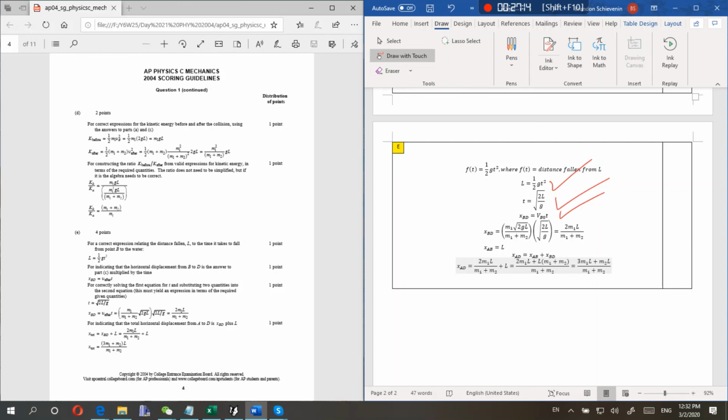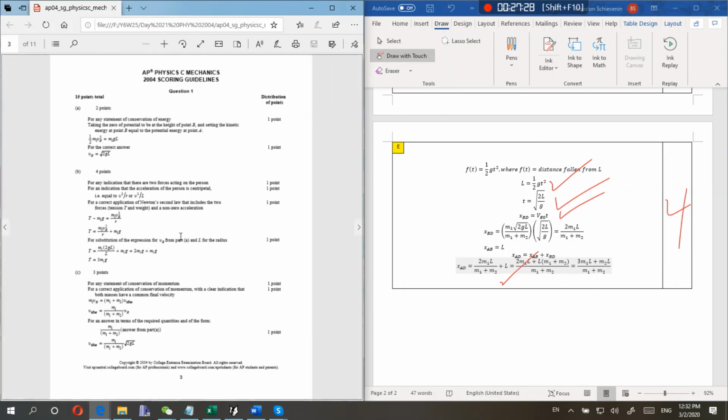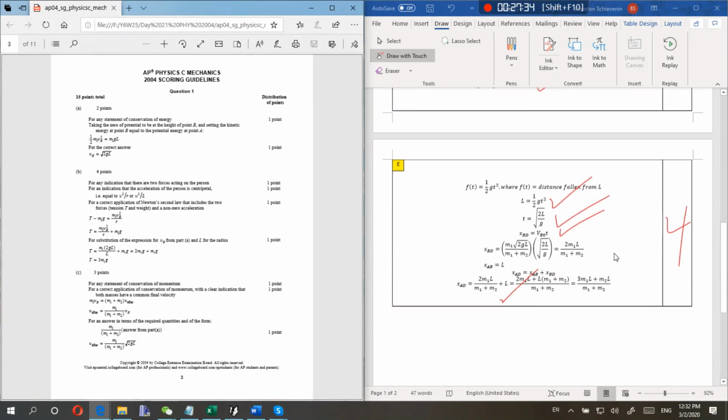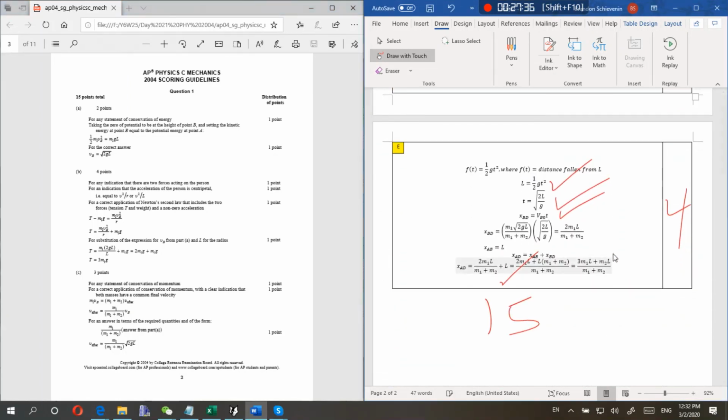Indicating total horizontal displacement is xBD plus L. Got that. Here. Okay. And that's 4 points. And I believe that's everything. So a total of 15. And we're good. All right. Any questions on anything? Nope.